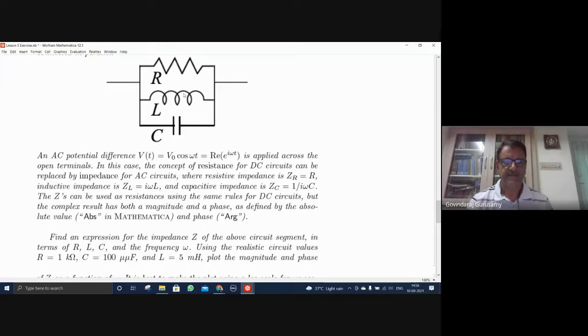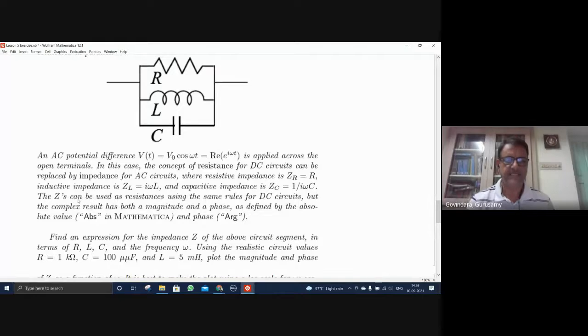If it is a DC, effective resistance is 1 by R. Here, 1 by I omega C, because ZC is the resistance. 1 by ZC is 1 by I omega C. Then you have the ZL, this reactance, I omega L, which is again like a resistance. So 1 by ZL, that I omega L should be taken. So we have a complex quantity here now.